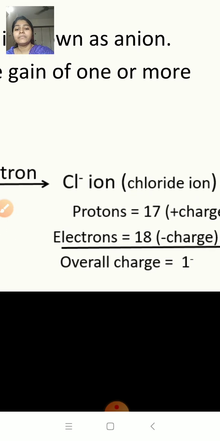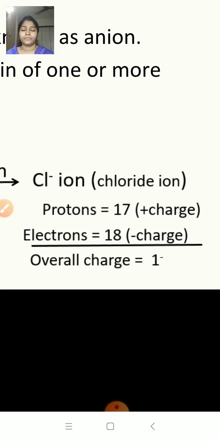It becomes chloride ion. So proton is as it is, 17, no change. But electron, it was 17. When it got 1, it became 18. So the overall charge is 1-. So you can see in the Cl, it is Cl-. That minus represents -1.